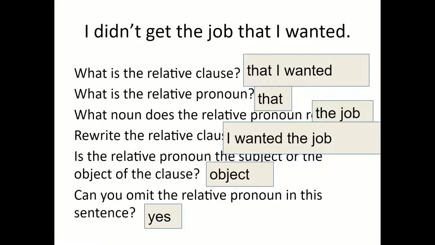Now, if you're a student of English and all of this is very confusing for you, don't worry about it too much because you don't have to omit it. It's fine either way. That I wanted is fine, or I wanted is fine. Both are okay.